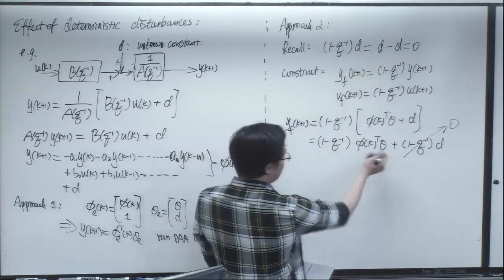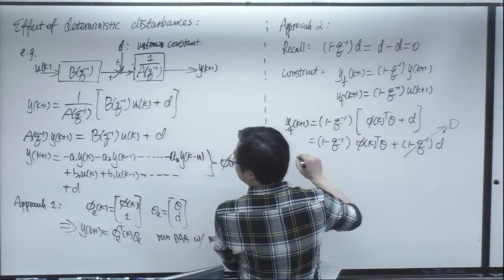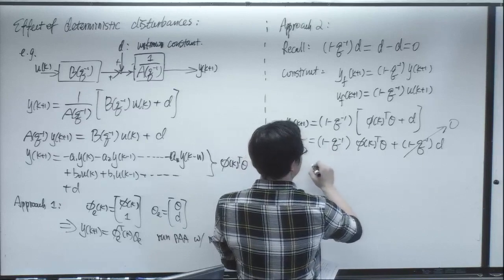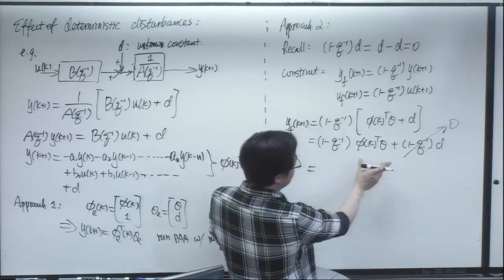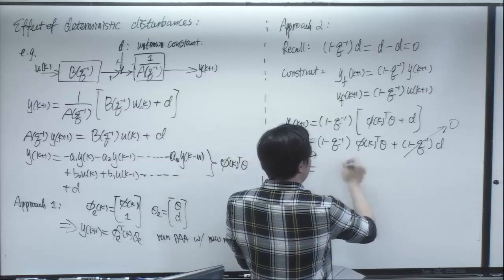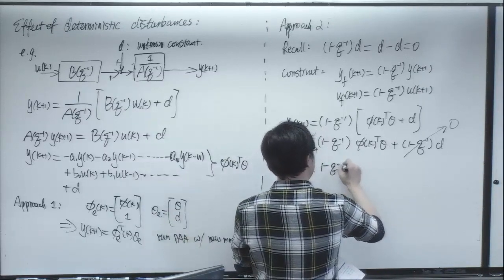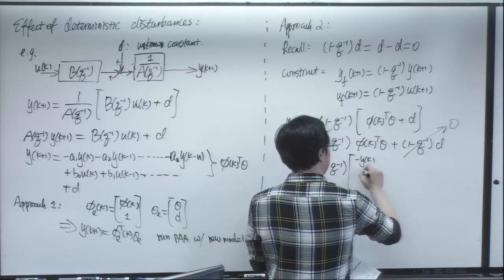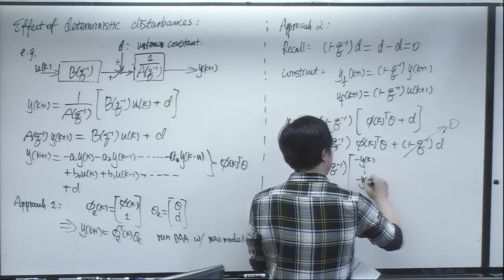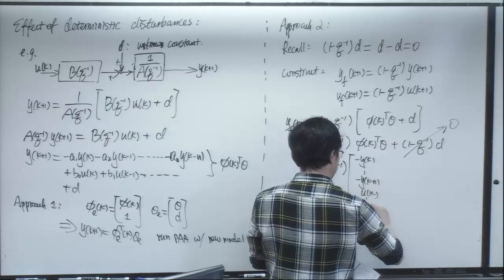All right? And then let's write it in a slightly more detailed way. We have the phi vector. Let's write out the phi vector in here: negative yk minus n, uk minus m.